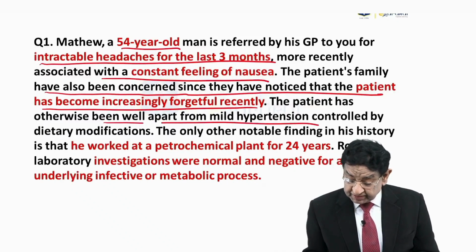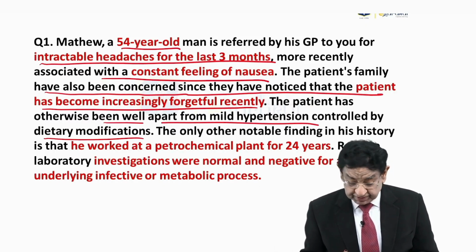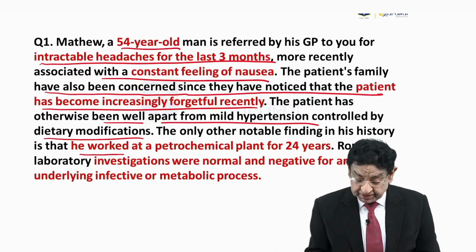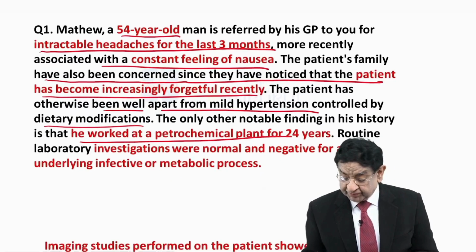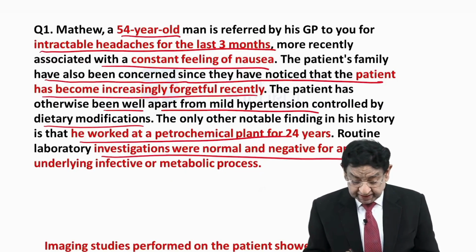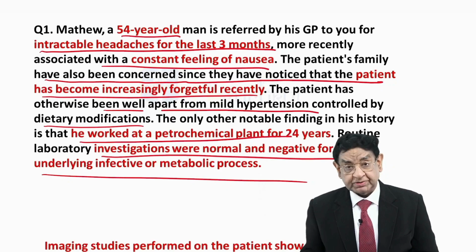Otherwise, he was well, except for mild hypertension controlled by dietary modification. The only other important thing is that he worked in a petrochemical plant for 24 years. Routine investigations are normal and negative for any underlying infective or metabolic process.